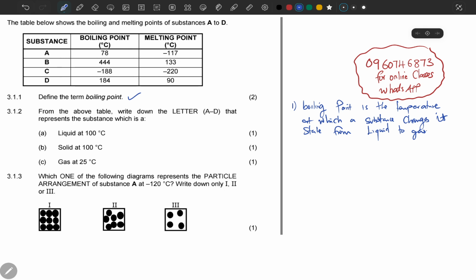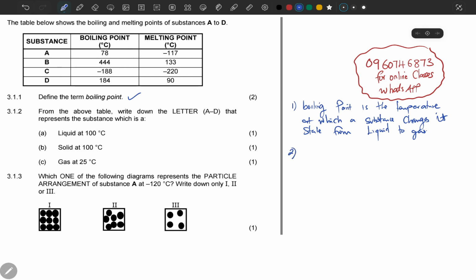Or you can say it is the temperature at which the vapor pressure is equal to the atmospheric pressure. You are still talking about one and the same thing.